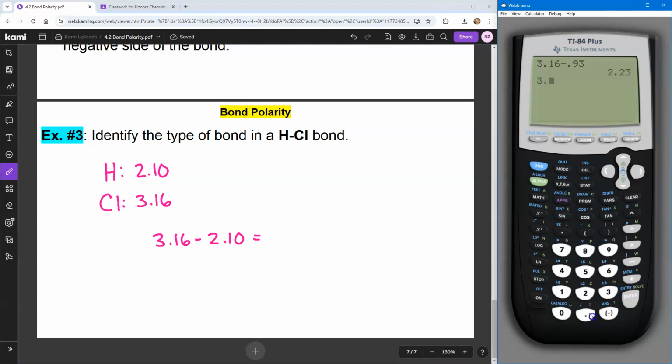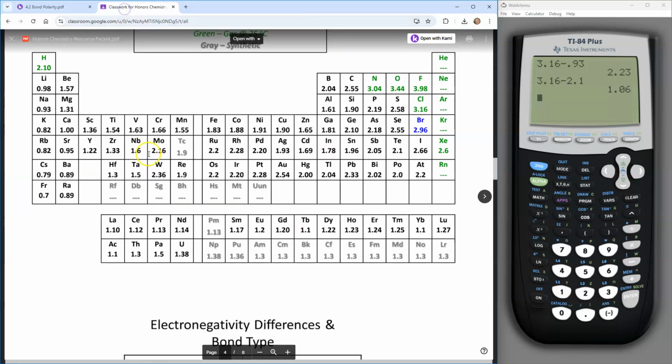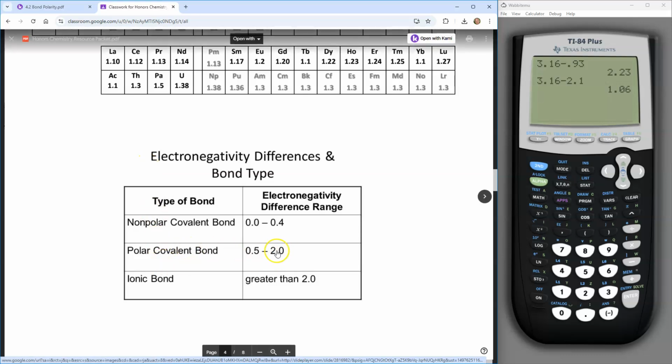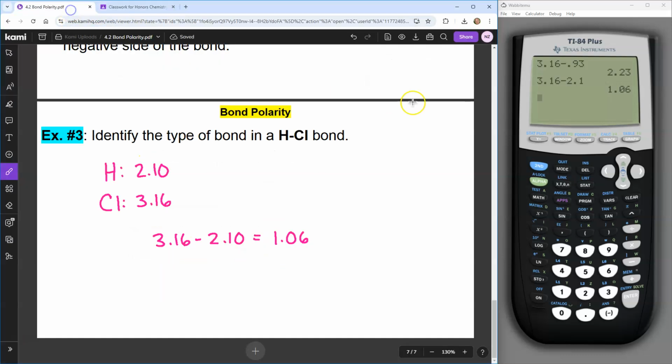So 3.16 minus 2.1, 1.06. If I go back to my table, that is going to be a polar covalent bond. So the more electronegative atom is chlorine.